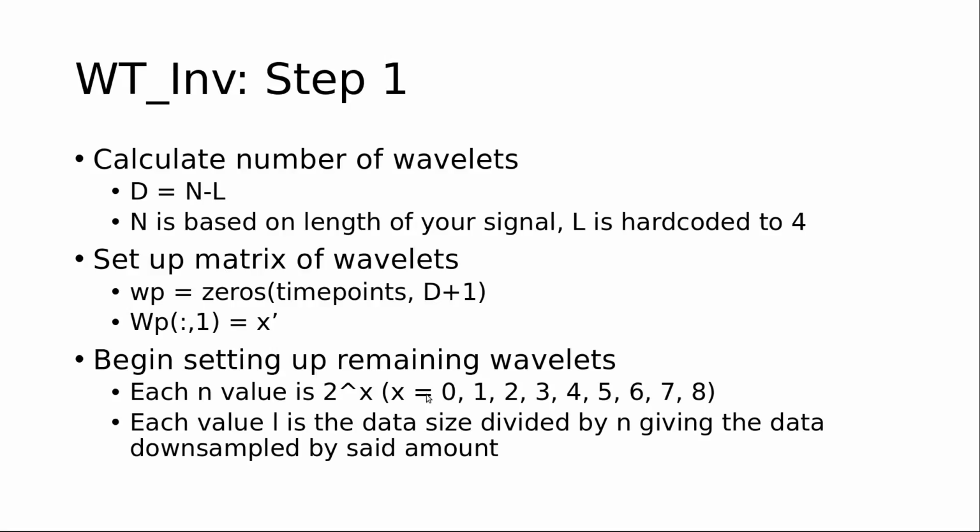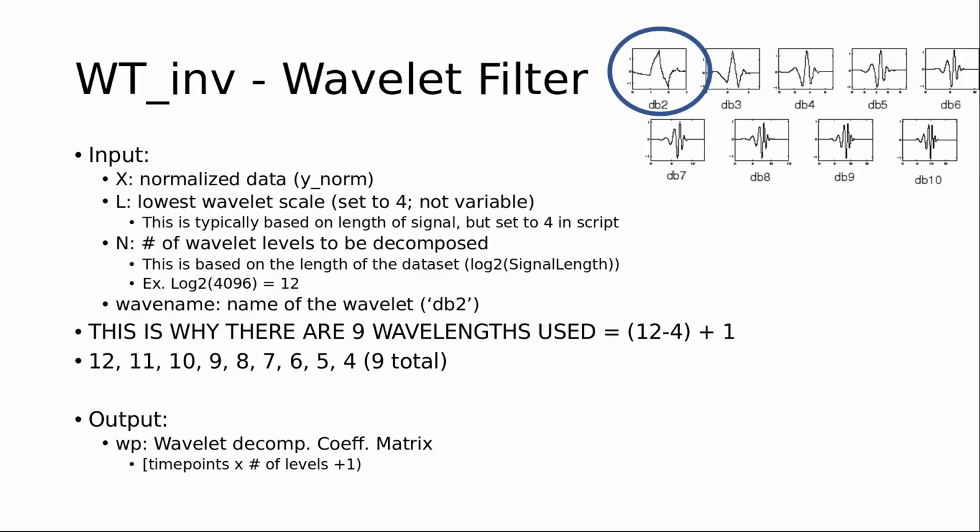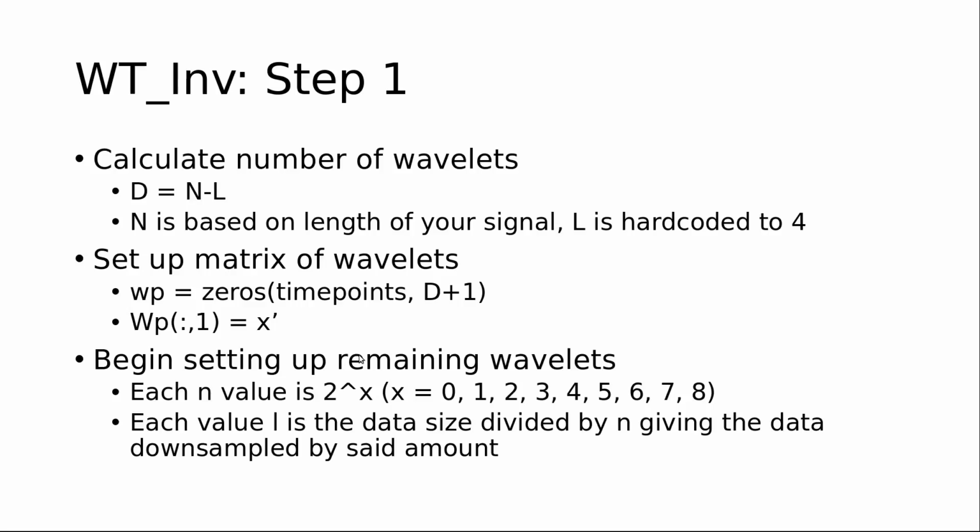Okay, so the first step in this is you calculate what's known as D, which is basically the number of times you're going to run this through your data, and that's going to be N minus L, N being the number of wavelet levels, and L being the lowest wavelet level. So again, 9 will be the value of D. You set up the wavelet, and then you begin setting up the remaining wavelets.